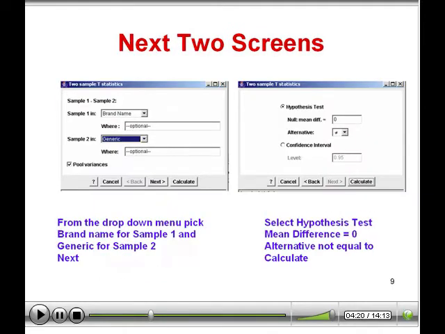From the drop-down menus that appear in the next box, we select our two samples. It really doesn't matter which of the two columns you call sample 1. In the next box, we select hypothesis test and specify that we are testing the null hypothesis of 0 difference in our means versus the two-sided alternative that there is a difference, and then we proceed to calculate.